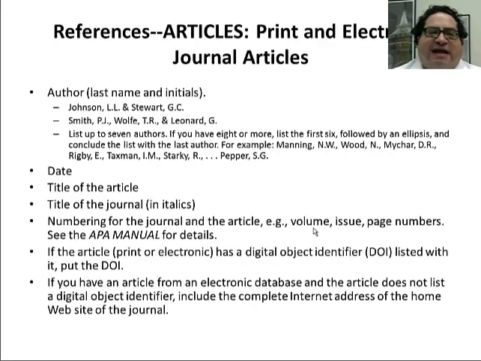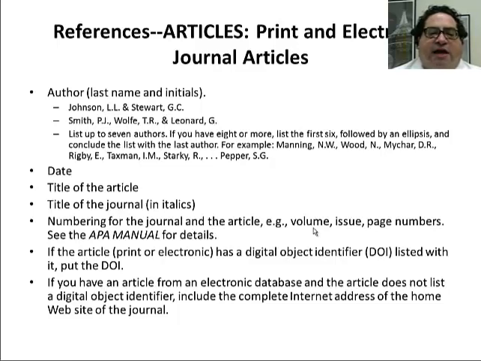Let's look at some details for those reference elements. For the author, if you have one, simply put that. If you have two, separate them by the ampersand. If you have several, there's going to be a comma between each one, and when you get to the last one, put the ampersand before it.